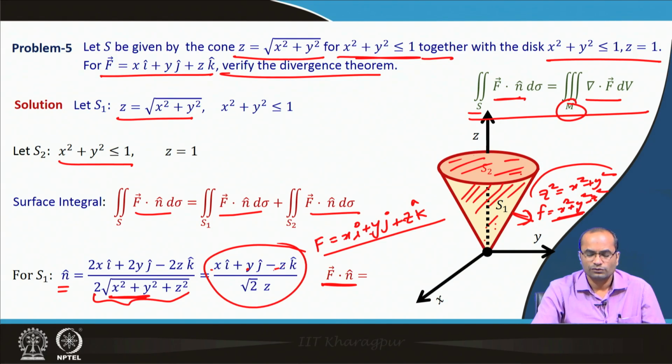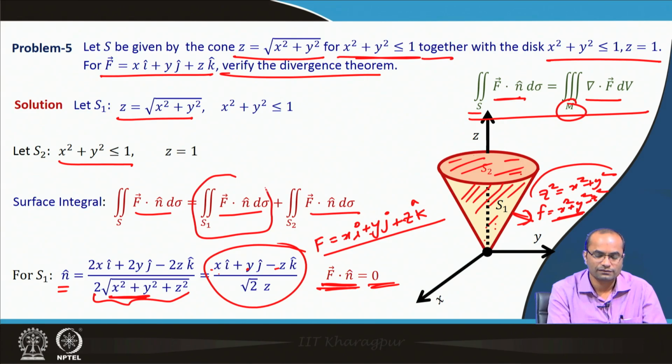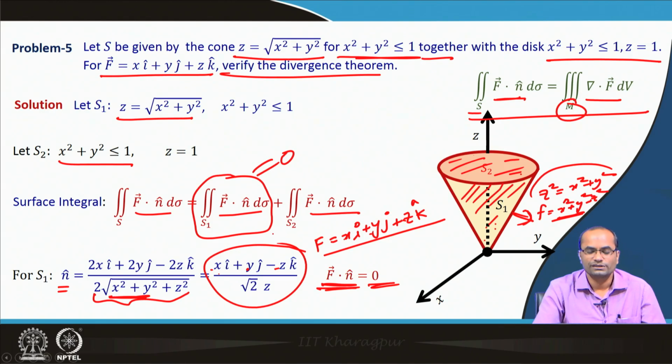But if you look at the numerator, we have x square plus y square minus z square, and on the surface this is going to be 0, because our surface is z square equal to x square plus y square. So, this dot product with f is going to be 0. That means the first surface integral over S1, f dot n d sigma, is going to be 0.